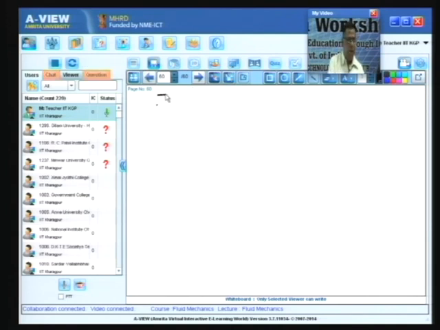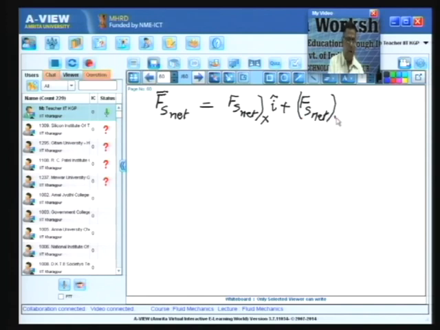So, now if you write it in vector form, F S net will have a component F S net x into i plus F S net y into j plus F S net z into k.